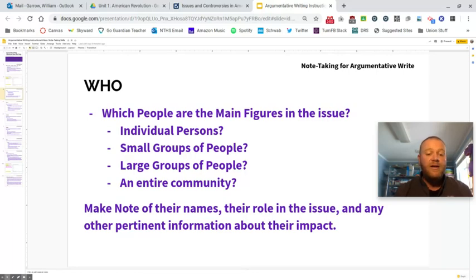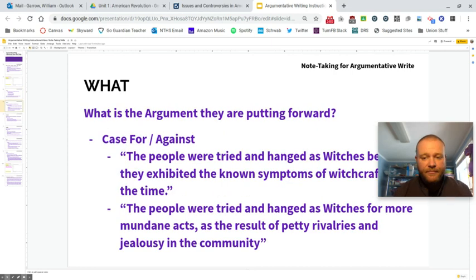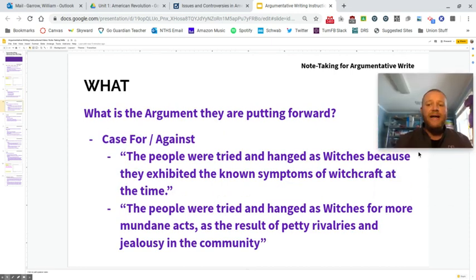But if they're an important factor in the issue, you do need to make note of them. And again, it could be an individual person. It could be John Smith, or it could be a group of people, or it could be both. And so you want to make sure that you include whoever those people are that are the main figures in the issue.